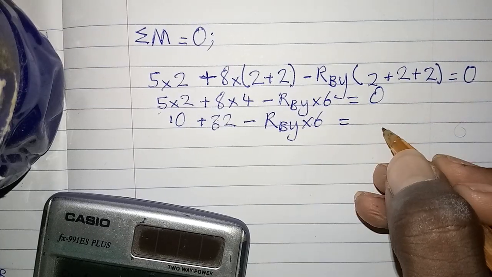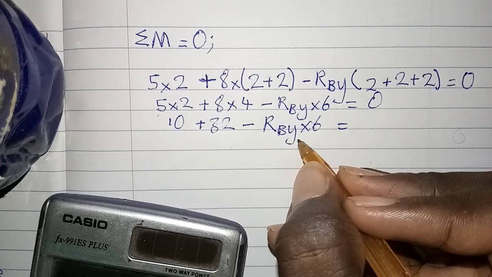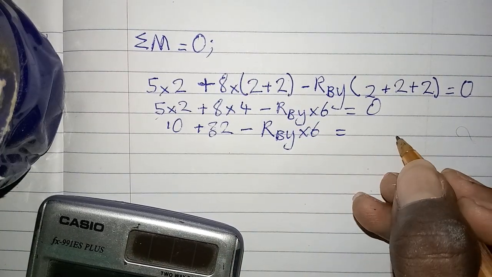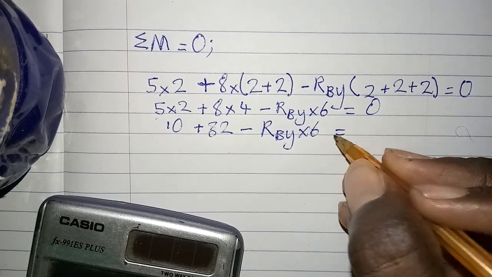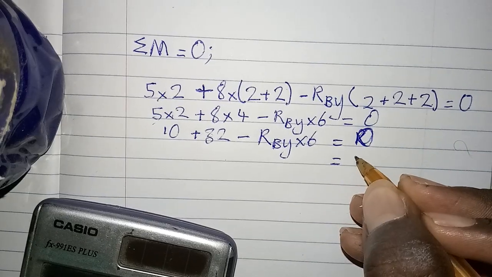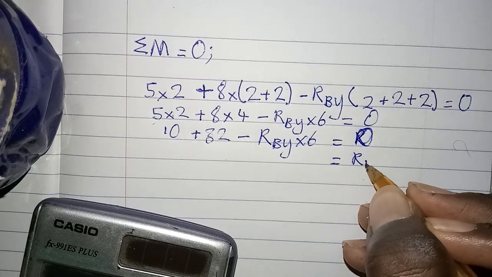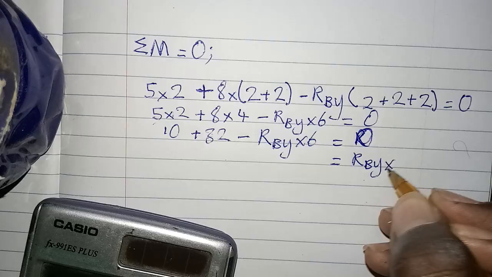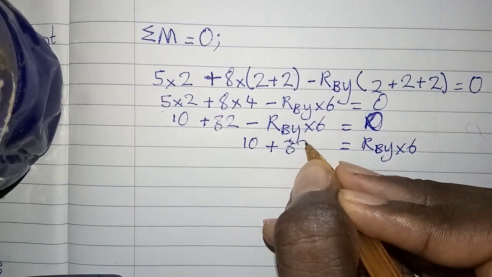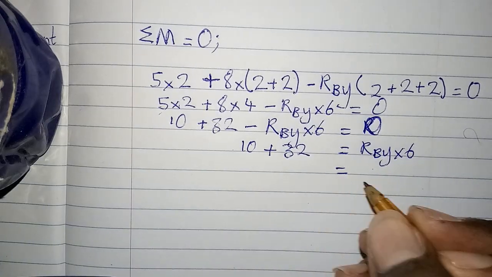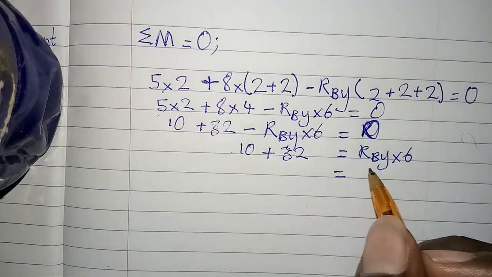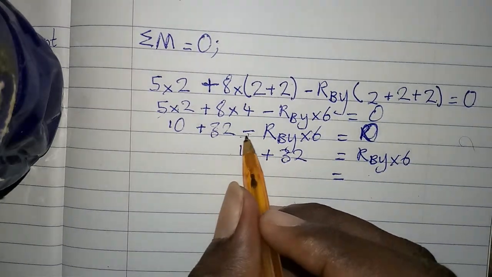This one equals 0. After this one has crossed the equal sign, it changes from negative to positive.